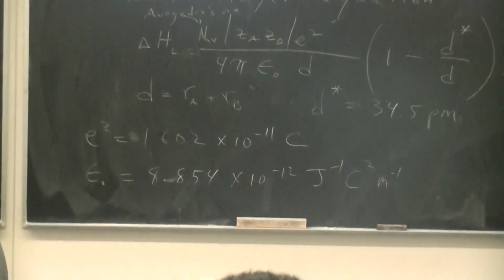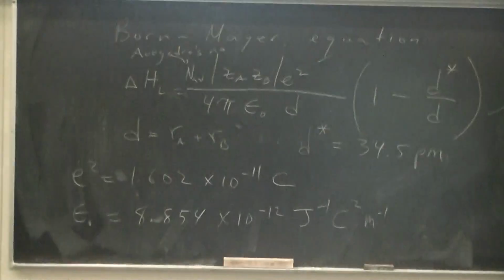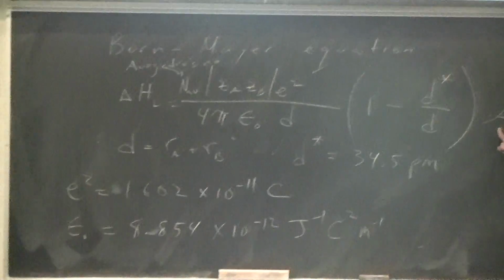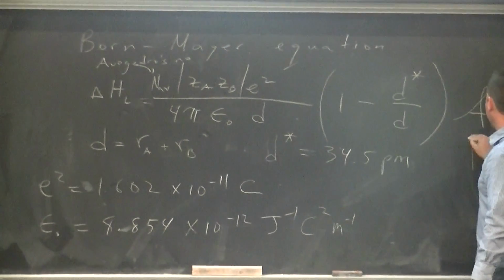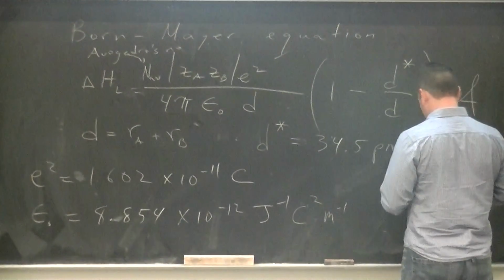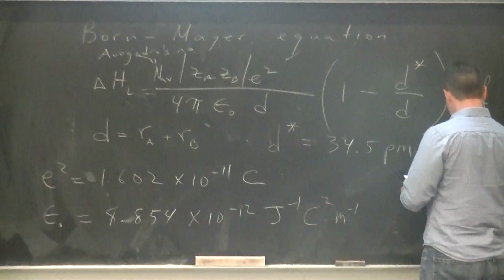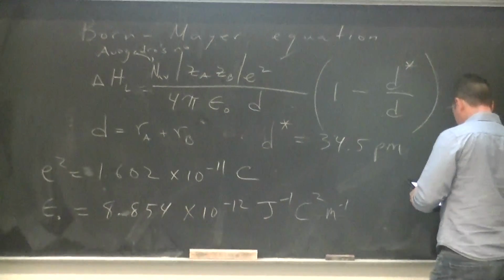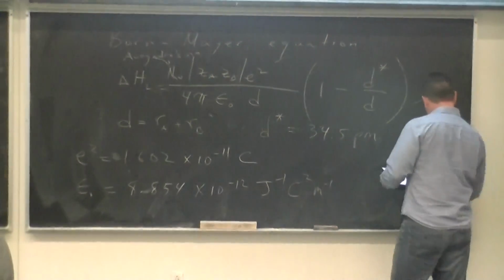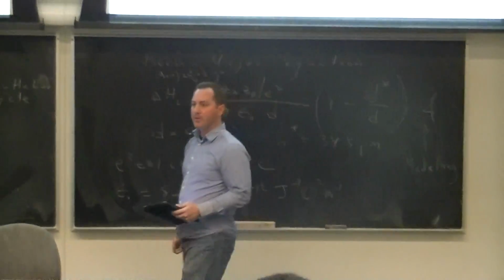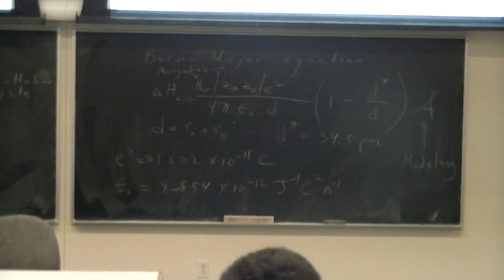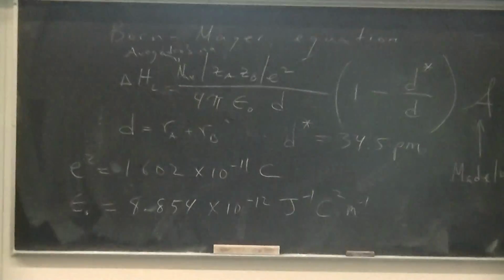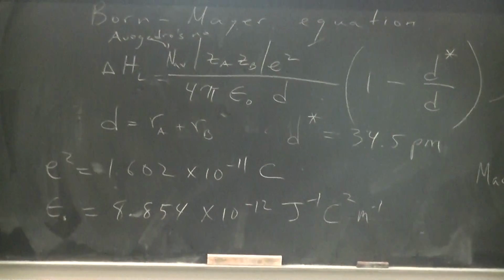And there's one more thing, and it is this A here. And this A is what we call the Madelung constant. The Madelung constant is dependent on the crystalline structure of the material.